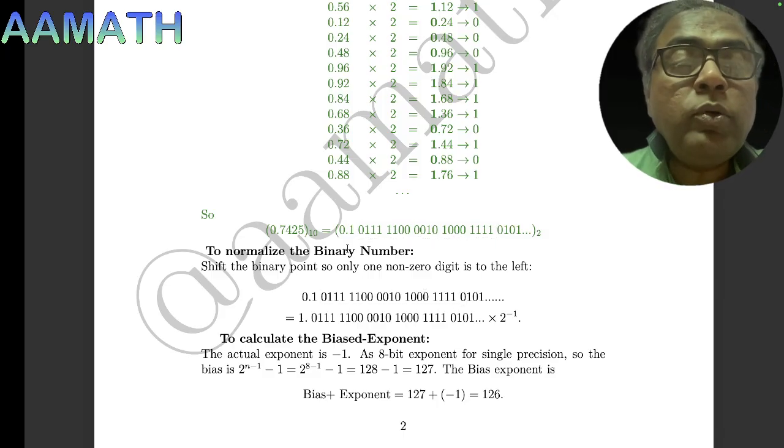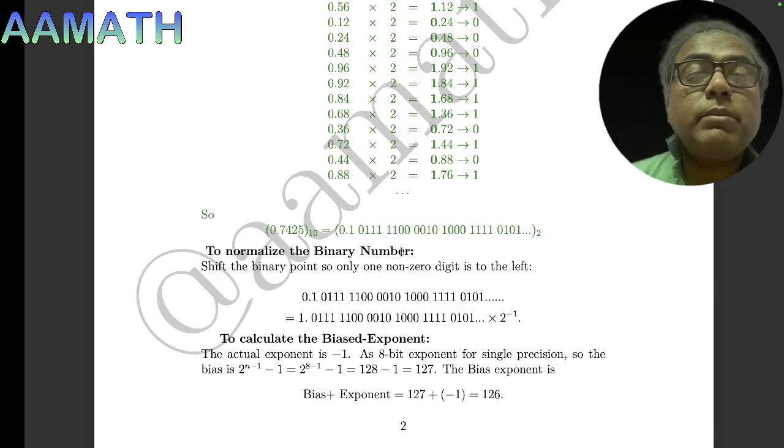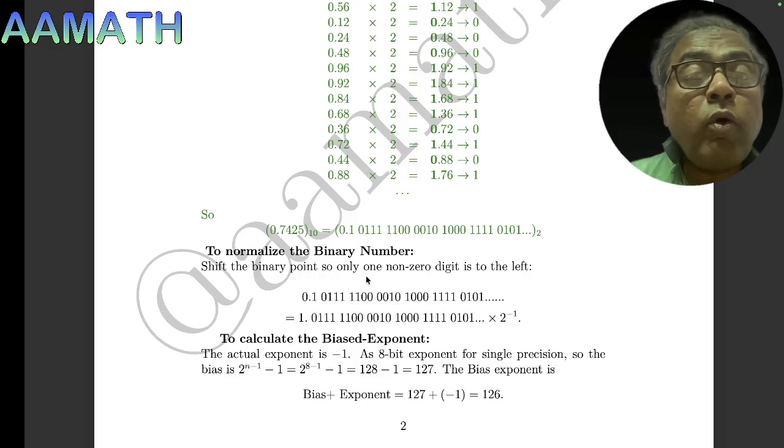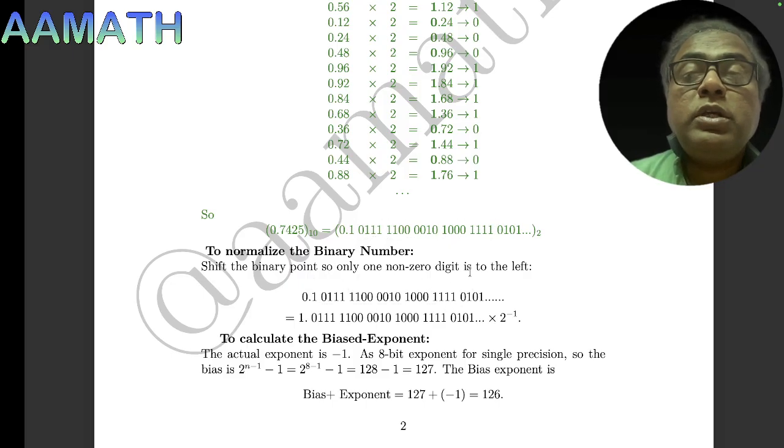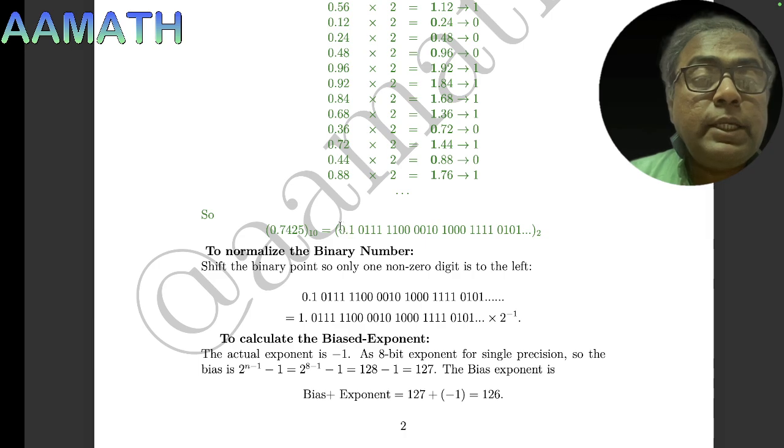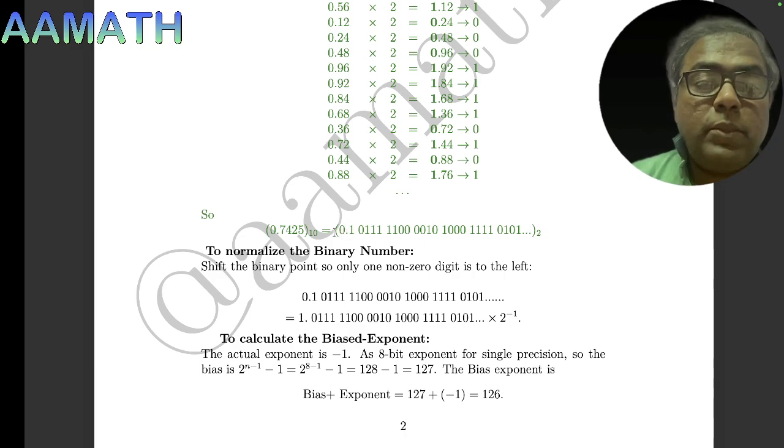Now we want to normalize this binary number: shift the binary point so only one non-zero digit is to the left. Here the integer part is 0. I want only a single digit 1 in the integer part, because binary expression is 0 and 1 only.